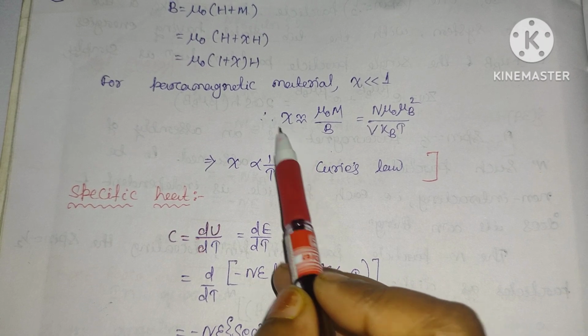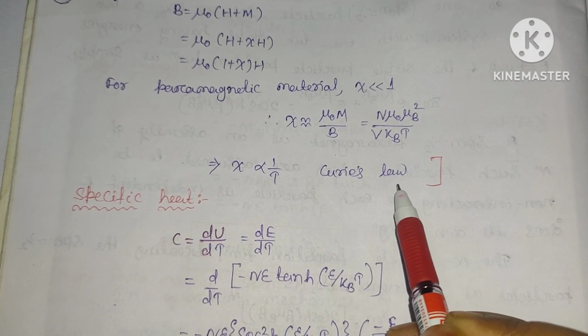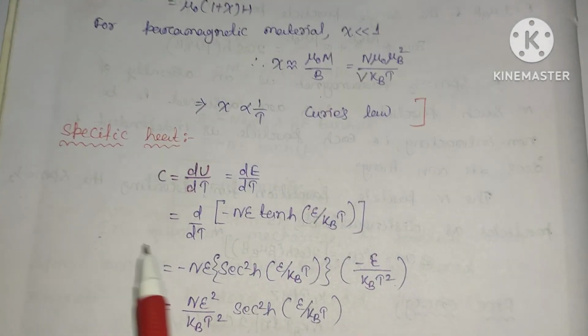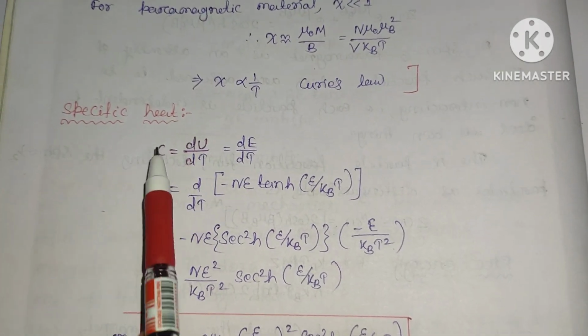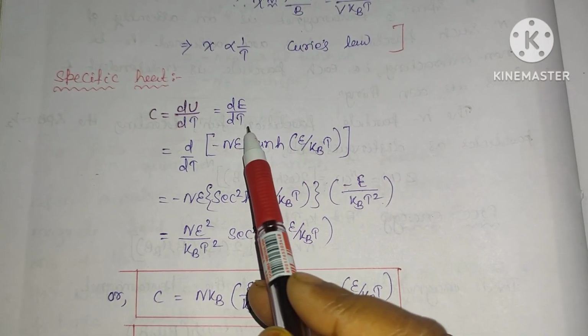Here you can see that the susceptibility is inversely proportional to the temperature, that leads to Curie's law. So from this expression we can also calculate the specific heat, that is C equal to dU/dT, or this is dE/dT.